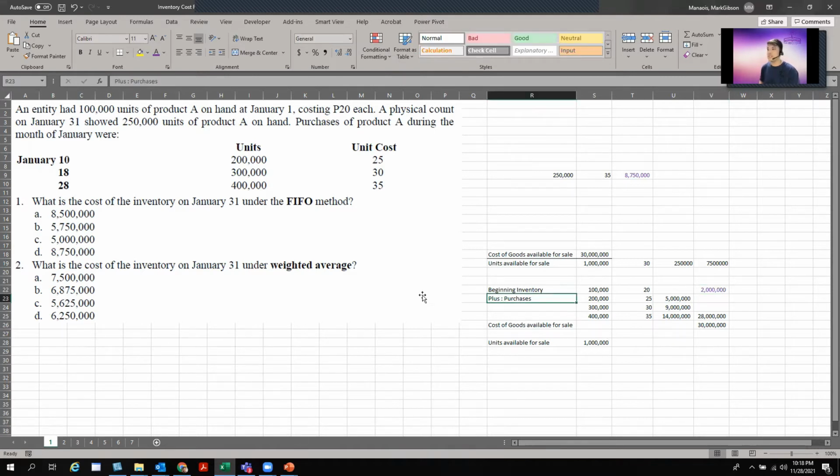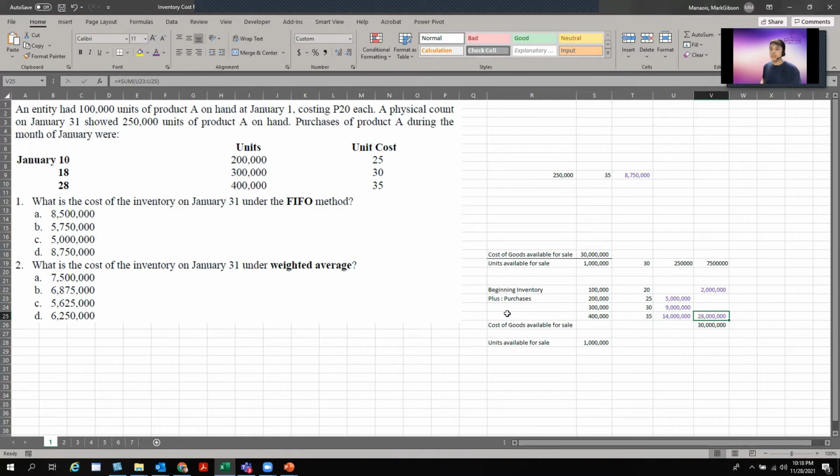Ano ba yung mga purchases natin? 200,000 multiplied by 25. Again, given lahat yan, we just get the product. 300,000 multiplied by 30, that's 9 million. 400,000 multiplied by 35, that's 14 million. So total purchases would be 28 million pesos.